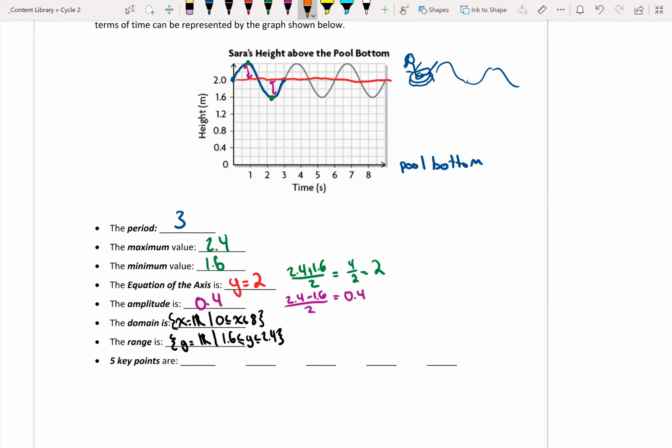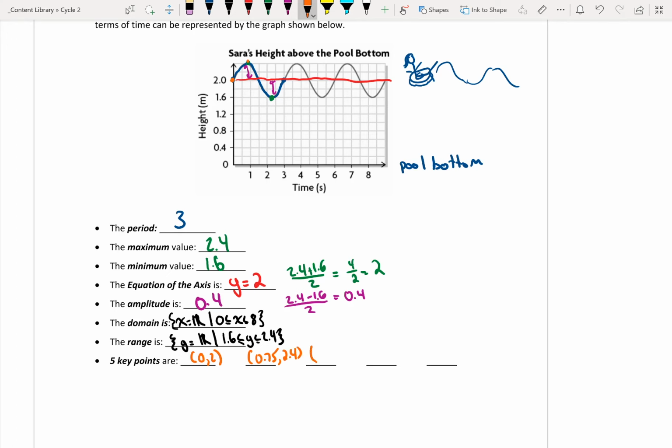For looking at key points, again 5 key points, we're going to pick the first 5 that we kind of see, so we should be seeing 0 and 2, so our first point, because it's halfway through, or we'd say this one would be roughly 0.75 and 2.4.